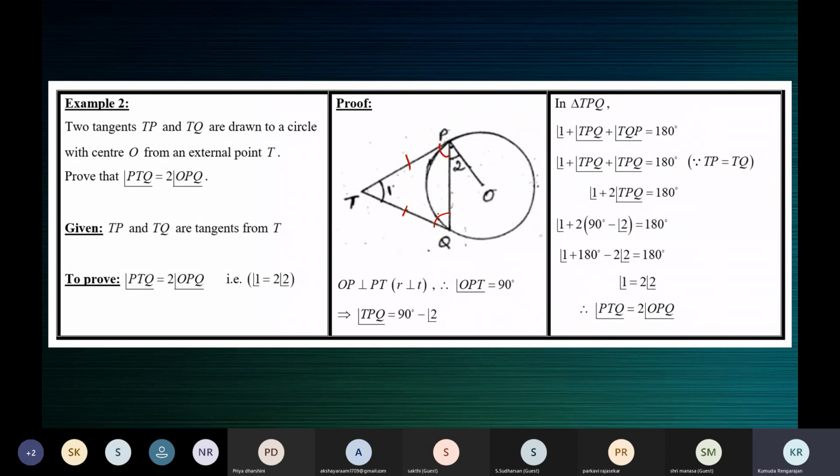So instead of angle TQP, you can also write TPQ, because they're equal.